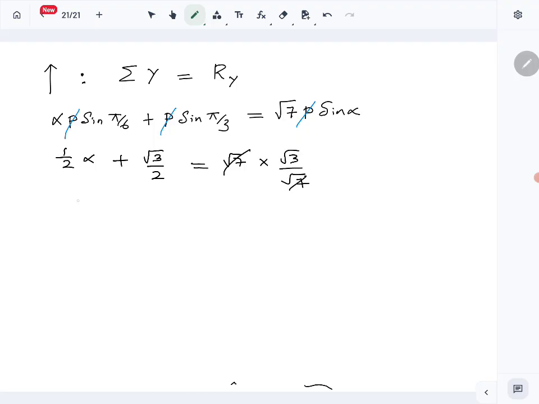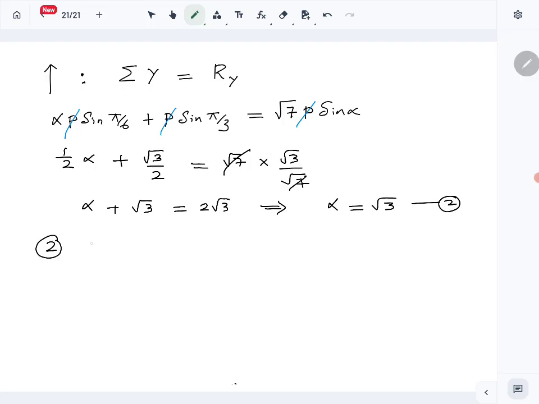Cancel, and multiply by 2. So you have alpha plus root 3 equals 2 root 3, or alpha equals root 3. Let's say this is equation 2.